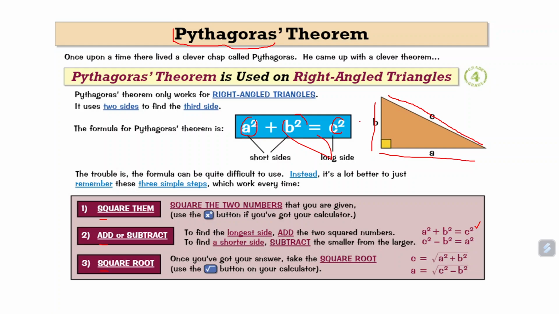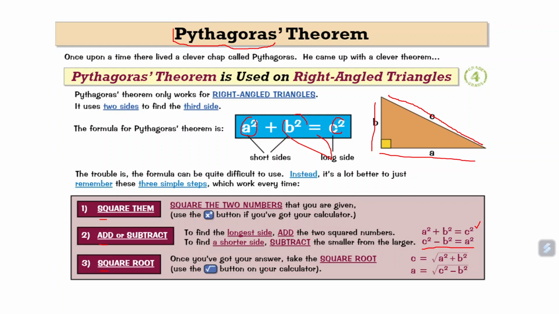But if you are looking for one of the short sides, you subtract. You subtract one of the short sides from the longest side to get the missing short side.